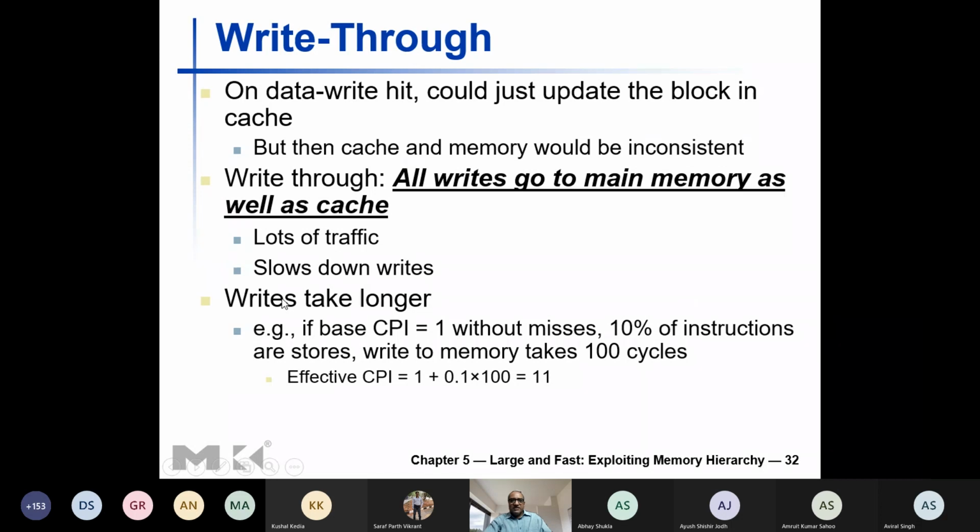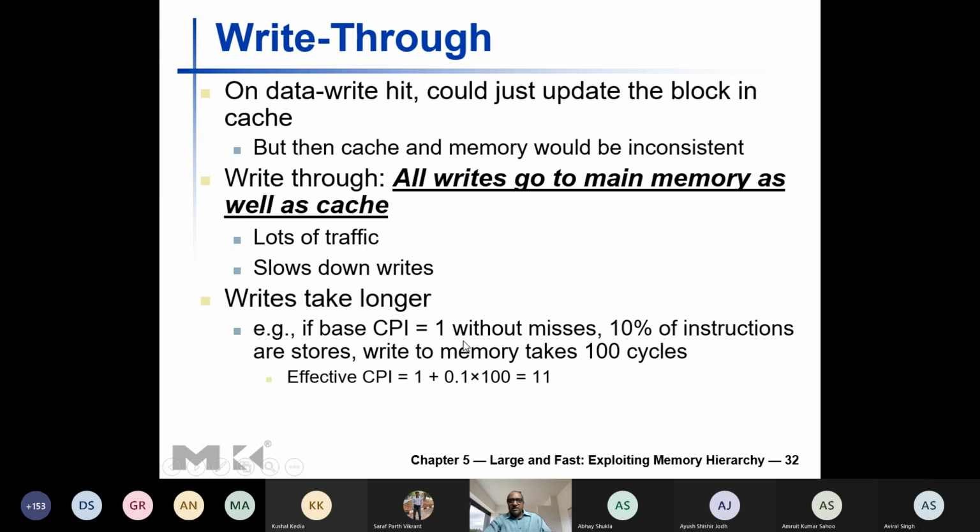Just before that, let us see the impact of these miss penalties mentioned earlier. Suppose, for example, the basic CPI equals 1, that means if there are no misses at all, the instructions will be executed in one clock cycle.